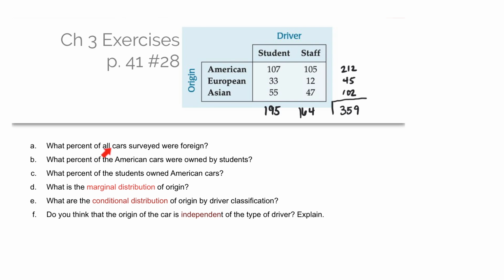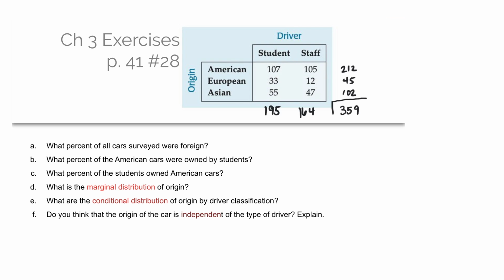What percentage of all cars? This is really important. When you're reading these questions, the most confusing thing is they can ask a few questions and they're going to change the population of interest. Am I looking at the whole group or am I looking at a subset of the group? In this case, they wanted to know the percentage of all cars. That's everybody. That's out of the 359 cars, what cars were foreign? Well, we are in the USA, so our foreign cars would be European or Asian-made cars.